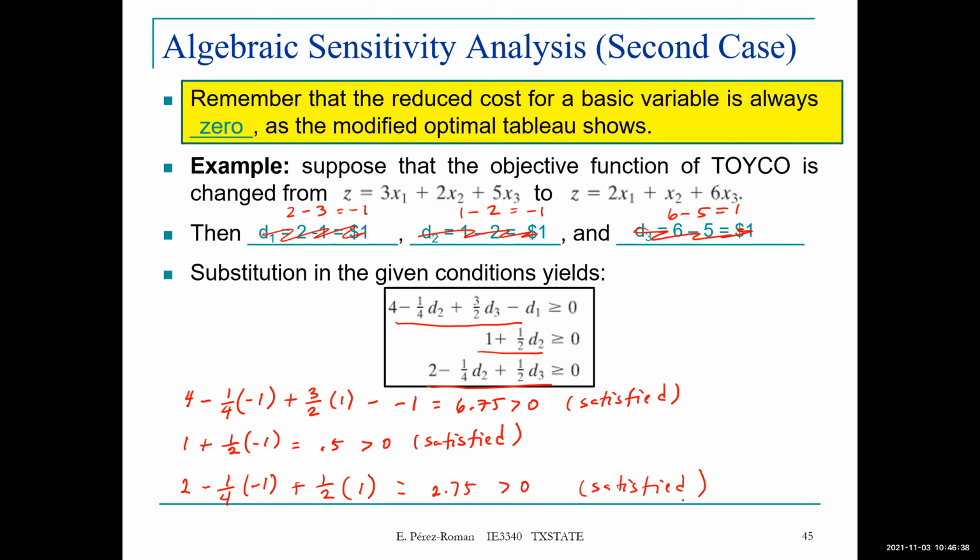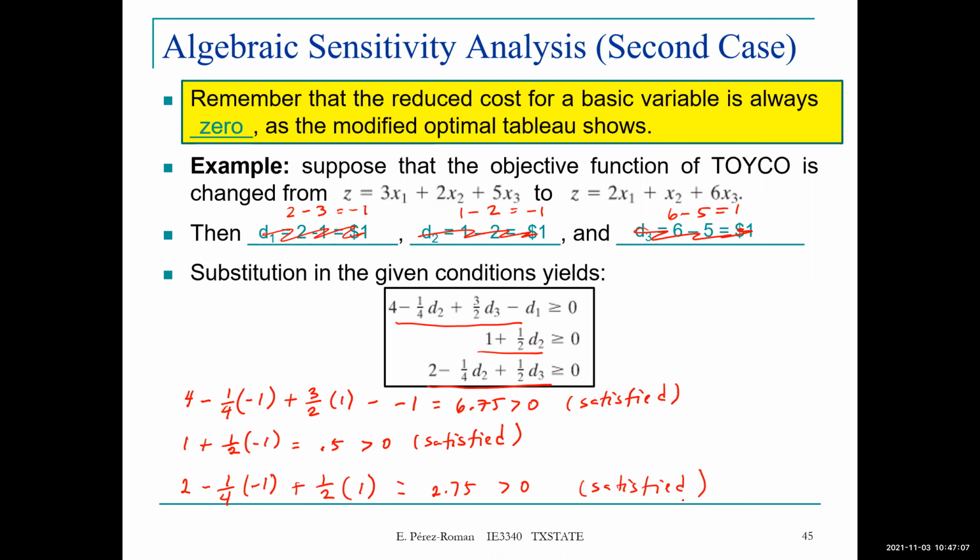So those changes that we are proposing are keeping the solution feasible, based on these bounds. Doesn't mean that they're gonna give you a better profit. What this is saying is, if you make those changes to the coefficients, your optimal solution will not change the location where it is. So the solution will remain feasible.